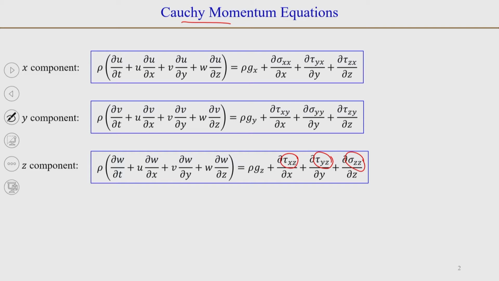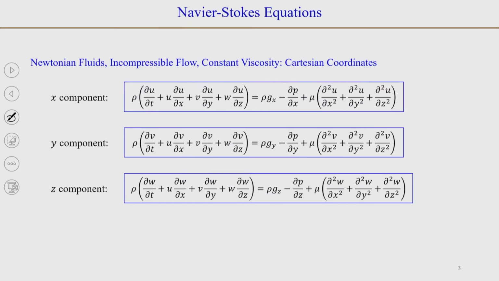So, once we replace the stresses in terms of rate of strain, what we get is the Navier-Stokes equations, where we have assumed those constitutive equations for a Newtonian fluid, and we have also assumed that the viscosity is constant.